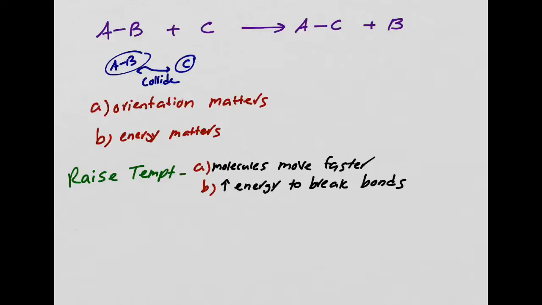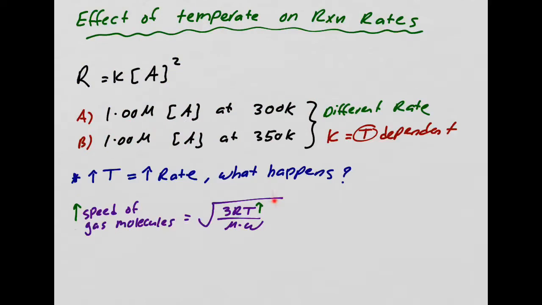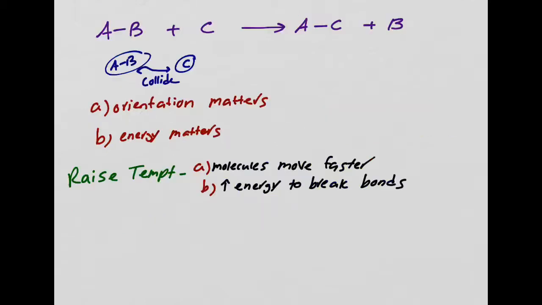Well, when you raise the temperature, the molecules move faster. I just showed you over here. When you raise the temperature, the velocity goes up. When the molecules move faster, they are going to have more collisions, because if you're moving around faster, you have a higher chance of colliding into things.